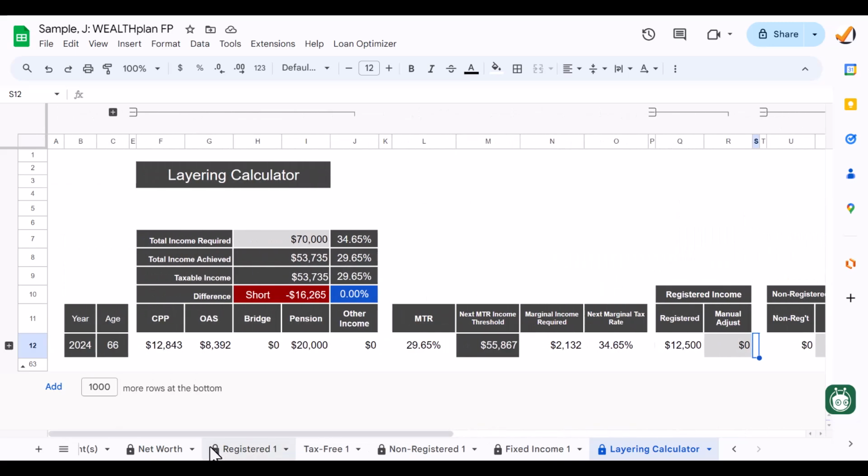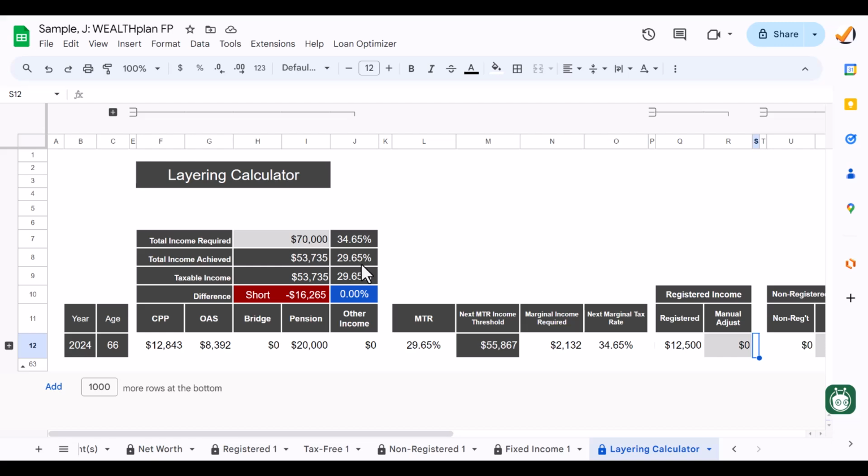Flip over to the layering calculator, and we're going to see that his income needs again are $70,000. That puts him at a marginal tax rate of 34.65%. His fixed income, again, Canada Pension Plan, Old Age Security, and his City of Toronto pension, those three alone put him at a 29.65% marginal tax rate.